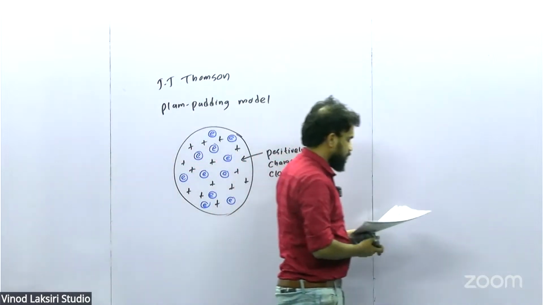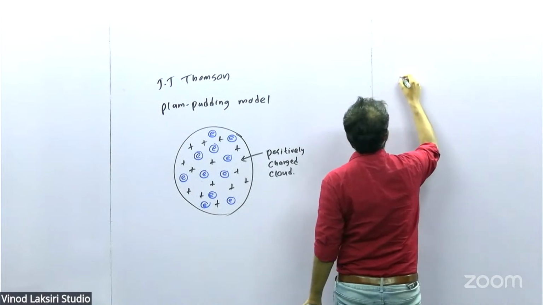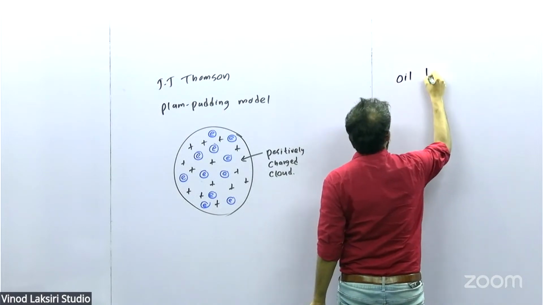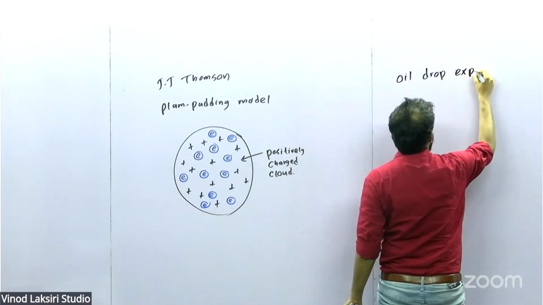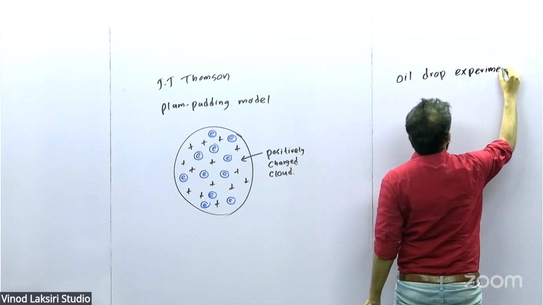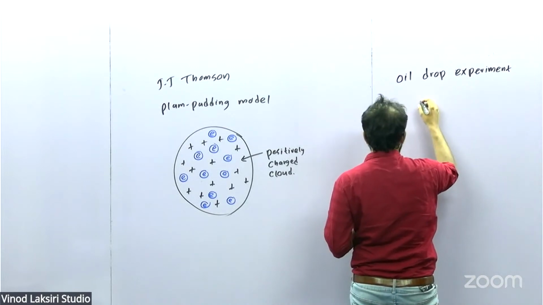Right. Next one. There is an experiment known as the oil drop experiment. This was discovered by Robert Millikan.